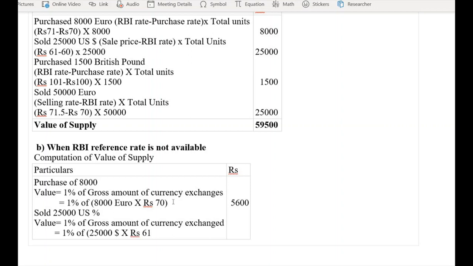So it comes to rupees 1,52,500. So 1% of the same will be 15,250.